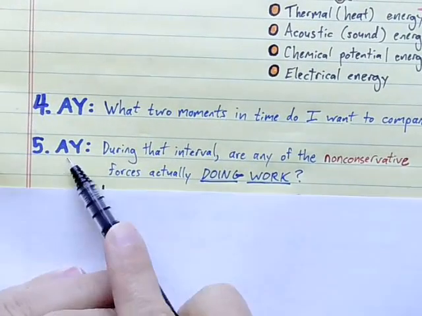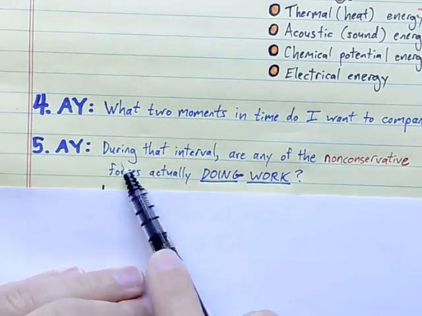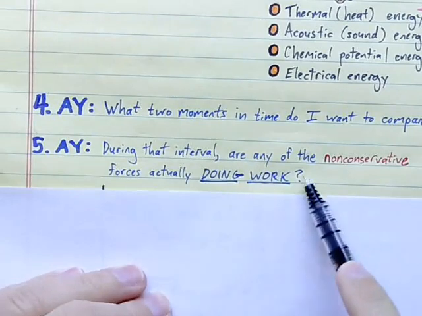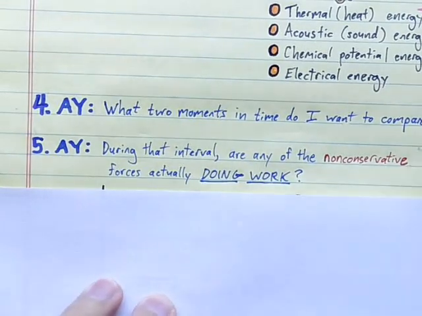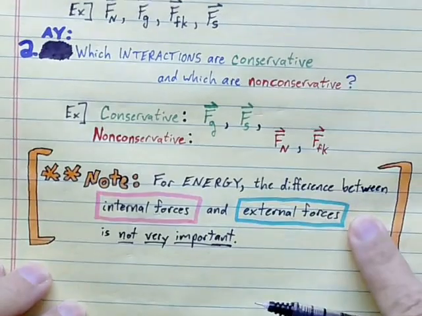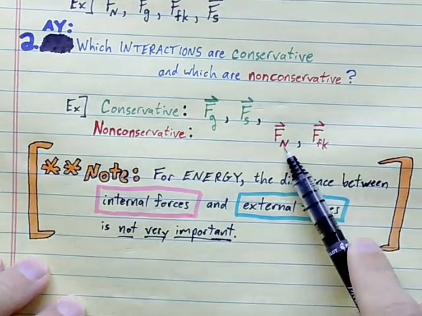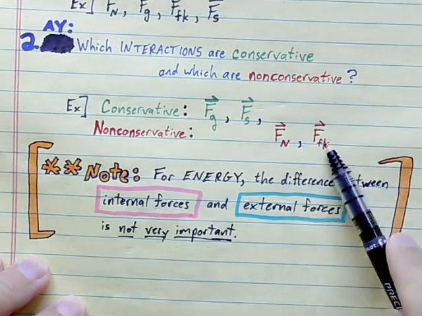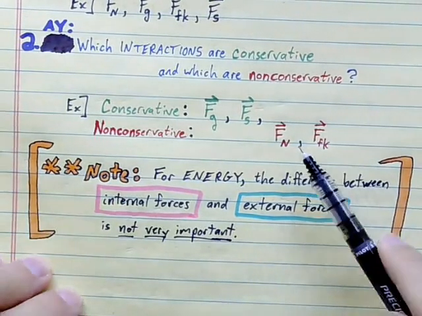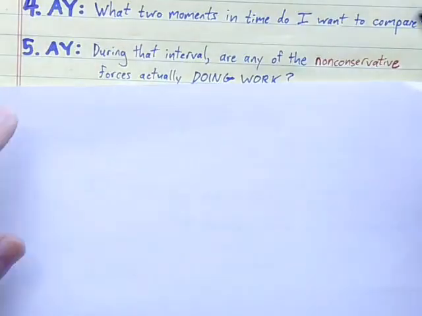So ask yourself, during that time interval between the two moments you chose, are any of the non-conservative forces actually doing work? So in our case, we do have some non-conservative forces that are present. They are there, but you have to ask yourself, are they actually doing work between the two moments you chose?